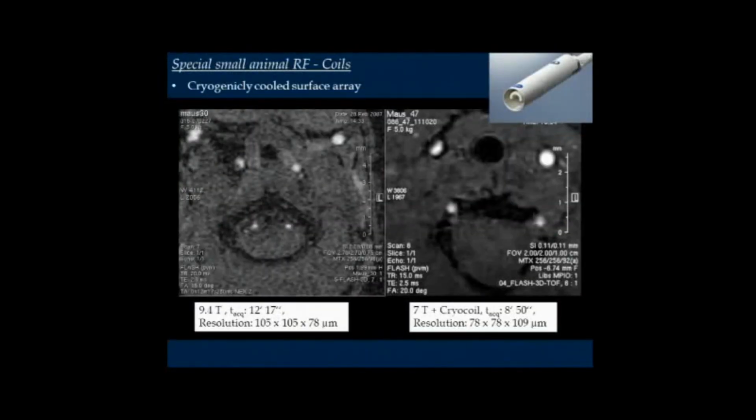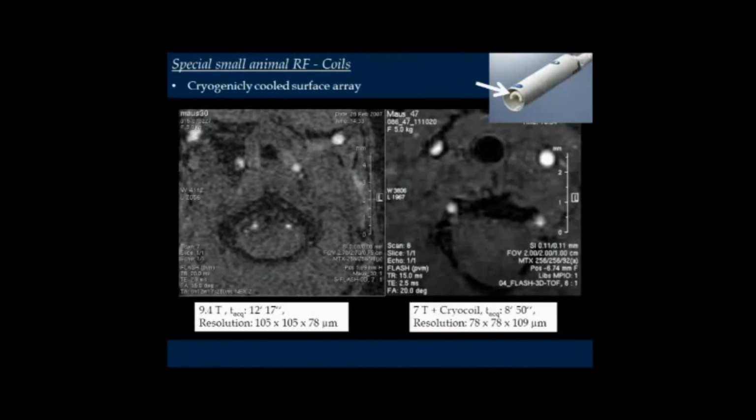One thing to point out is, if you remember the noise, you had all the losses through the resistance and the temperature. If you reduce the temperature drastically, you will reduce the noise and therefore enhance the signal-to-noise ratio significantly.